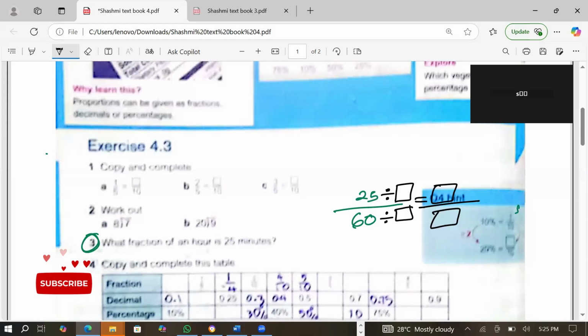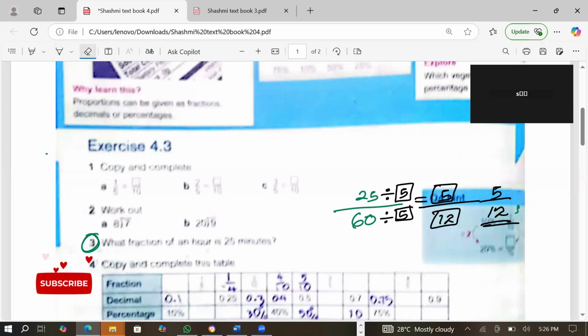Can we obtain an exact number? So we can divide by just 5, right? 5 over 12. 5 over 12 is the simplest form. Isn't that so? Is that clear? Yes, teacher.